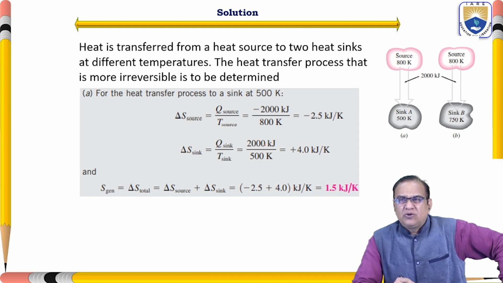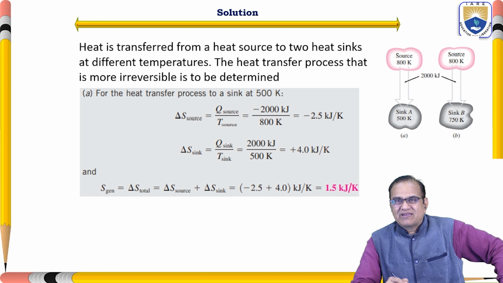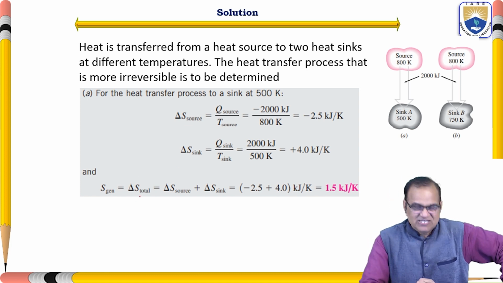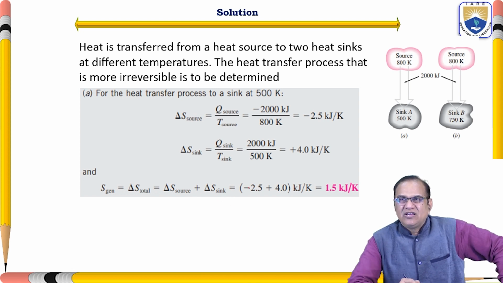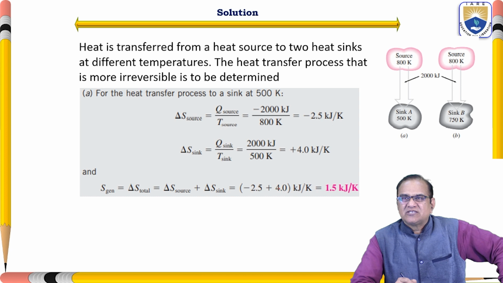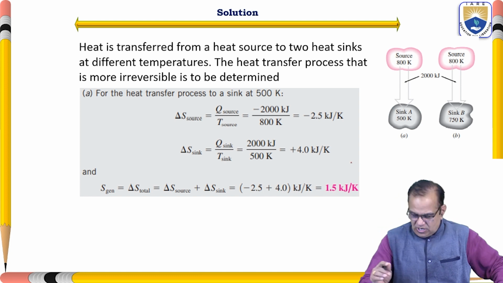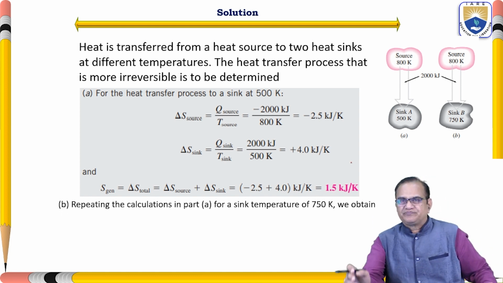So here 2000 by 500, it is plus 4.0 kilojoule per Kelvin. So S generation is equal to delta S total, delta S source plus delta S sink. So minus 2.5 plus 4.0 kilojoule per Kelvin, so that is 1.5 kilojoule per Kelvin.